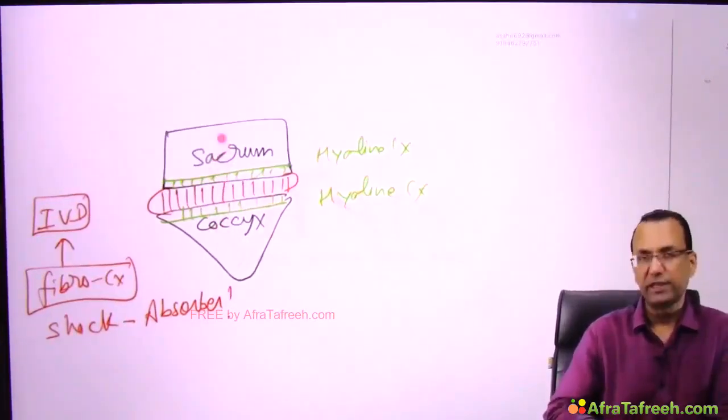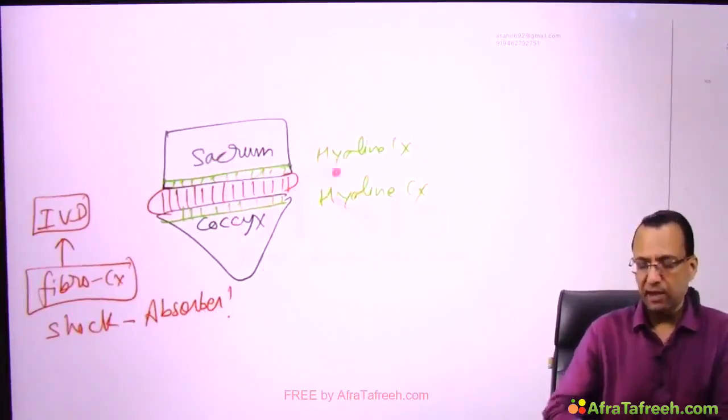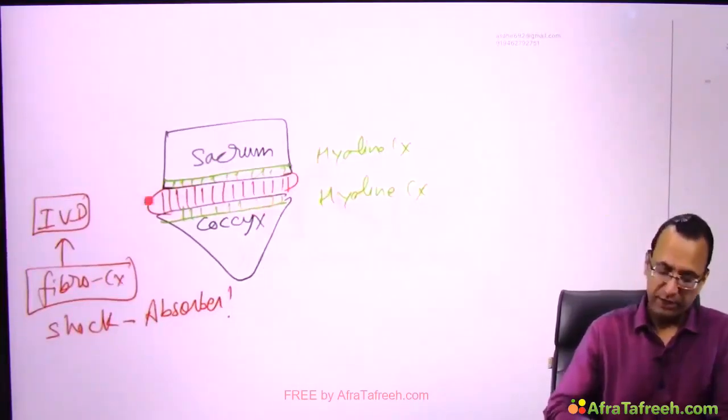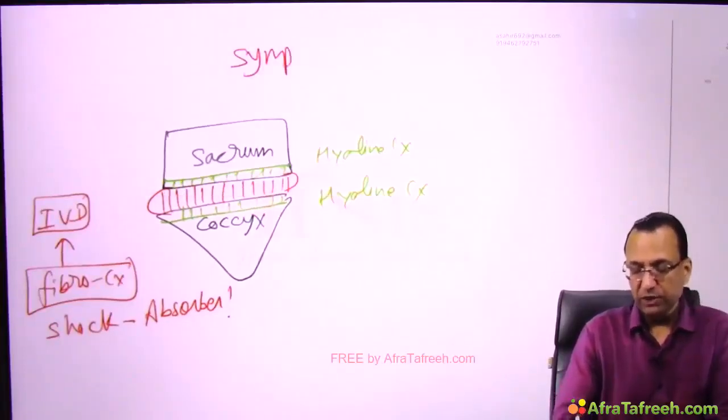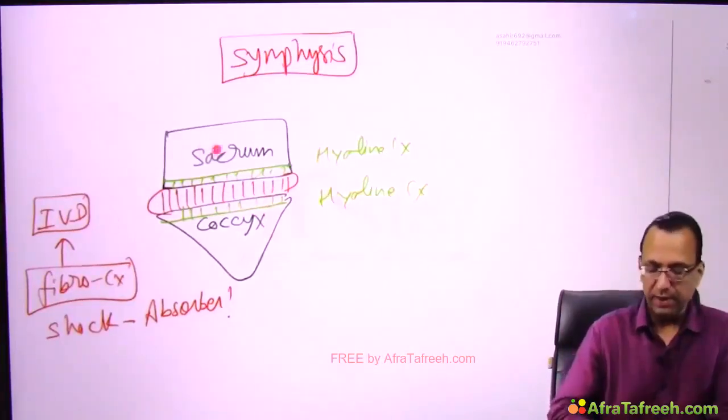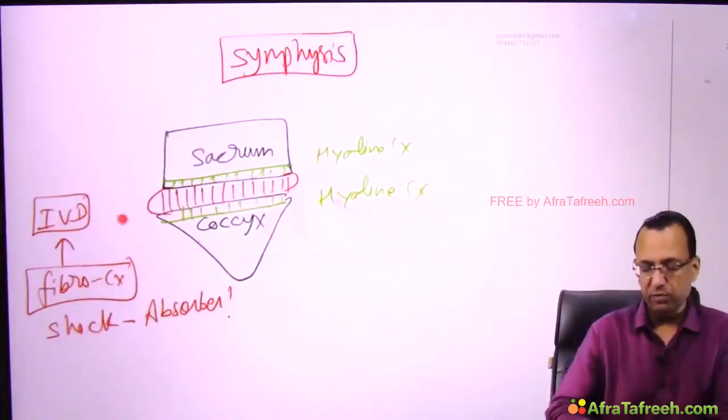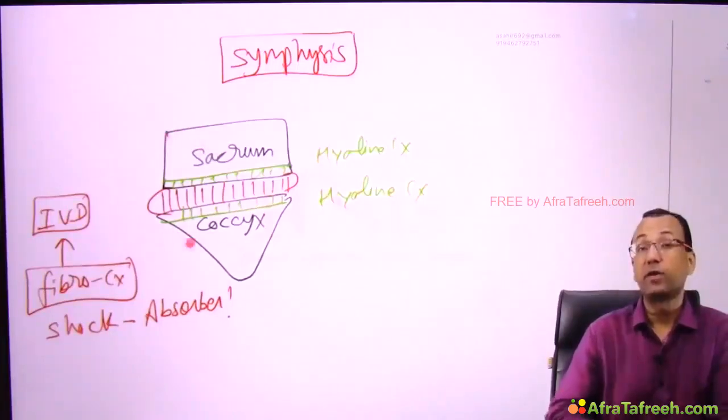Actually, this structure is bone separated by hyaline plus some fibrocartilage. This is how you describe a symphysis. A symphysis is a structure where the two bones are united by hyaline cartilage plus fibrocartilage, holding the two bones together.